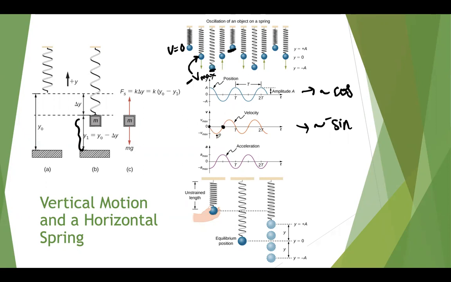And then again, we gain velocity, so now we are at positive v max, and it continues in this way, and then we go again back down to 0. So this is how the velocity works in regards to this oscillation.